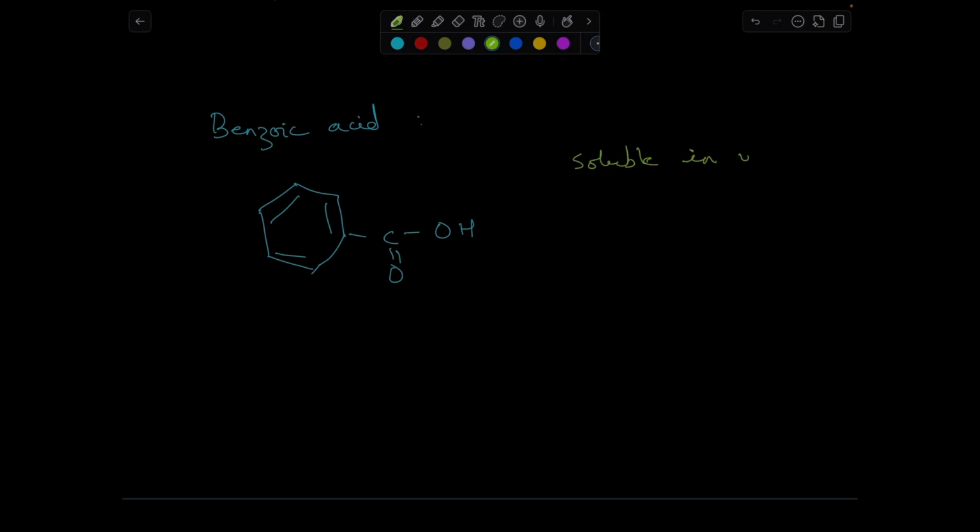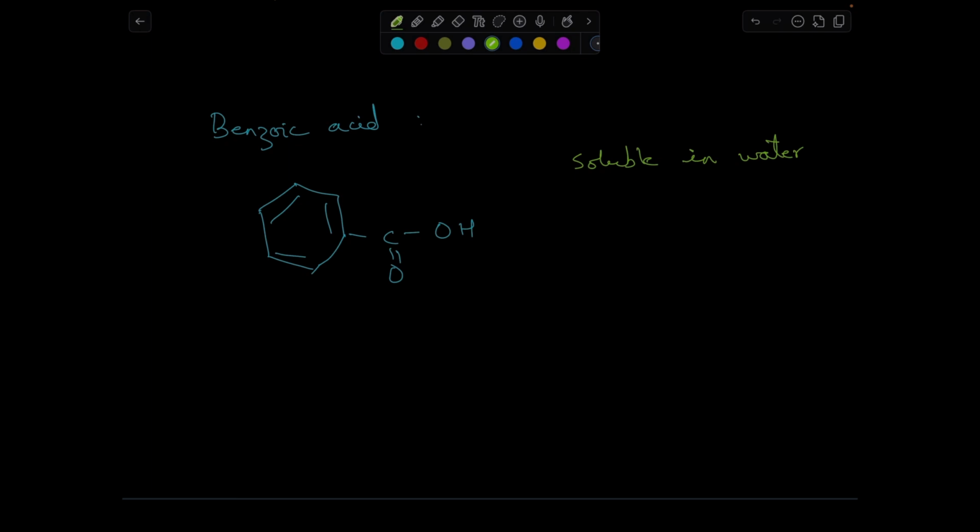And because it's soluble in water, it's also soluble in dilute solutions of water such as HCl, NaOH, and NaHCO3. So I'm not going to write that here because it's implied.